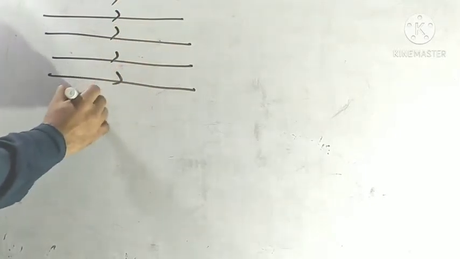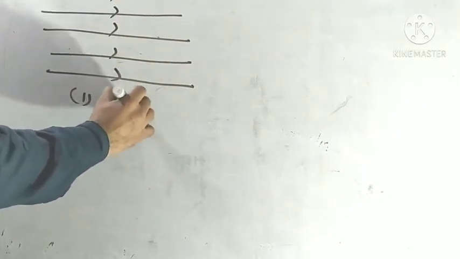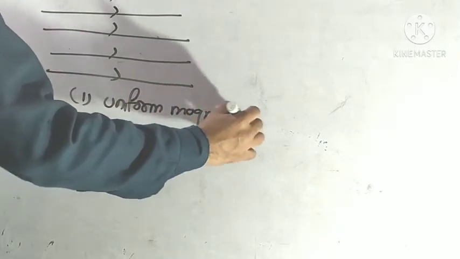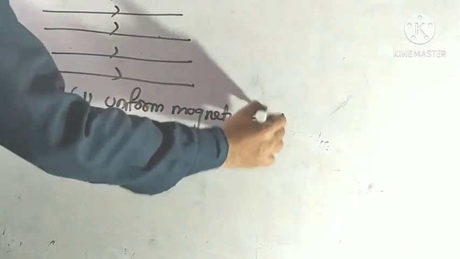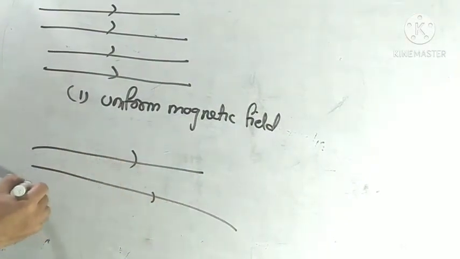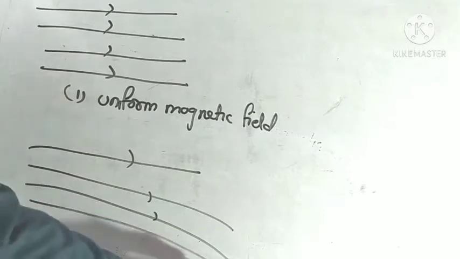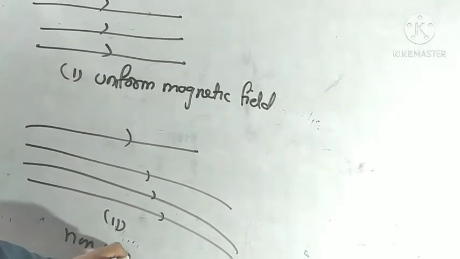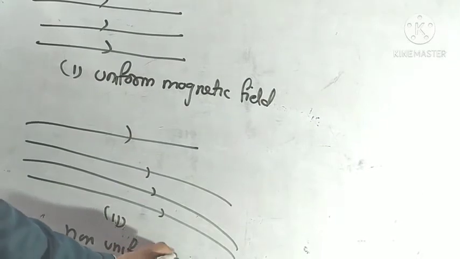So this first figure represents a uniform magnetic field. And this figure represents a non-uniform magnetic field.